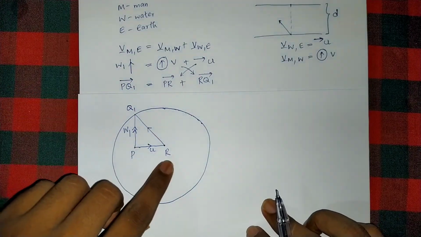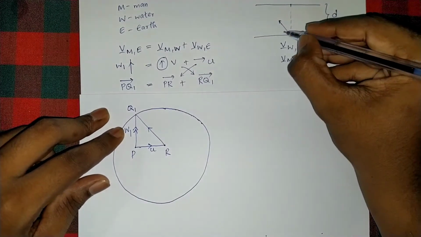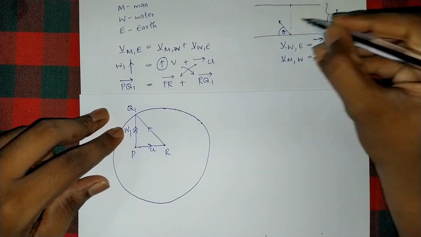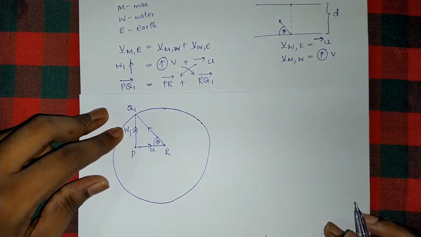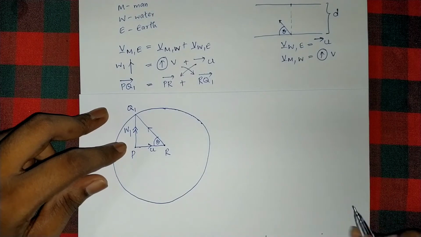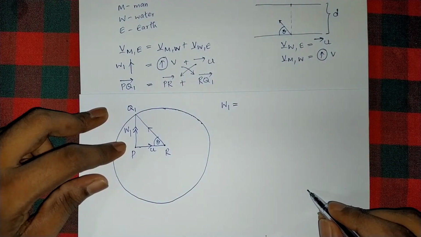So this is the direction of the swimmer. It is theta inclined to the horizontal. Here also theta inclined to the horizontal. So what is the magnitude of W1, the velocity of the swimmer?